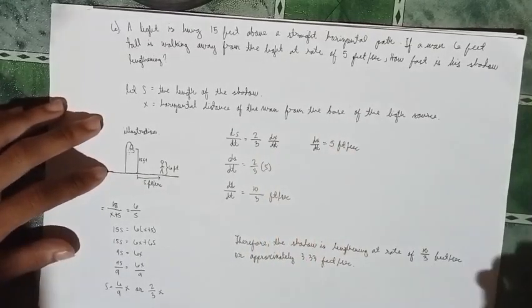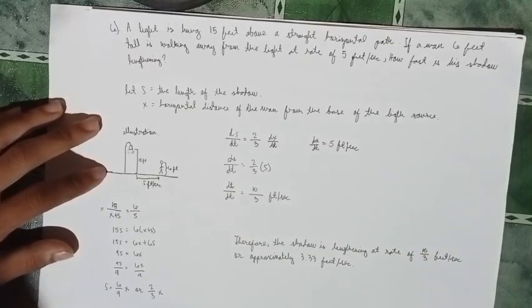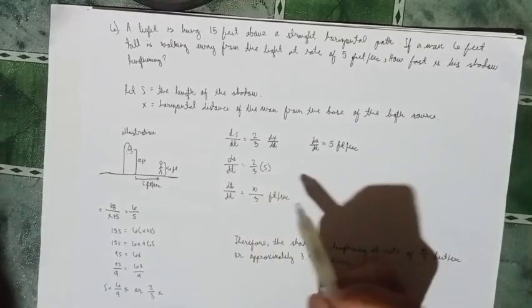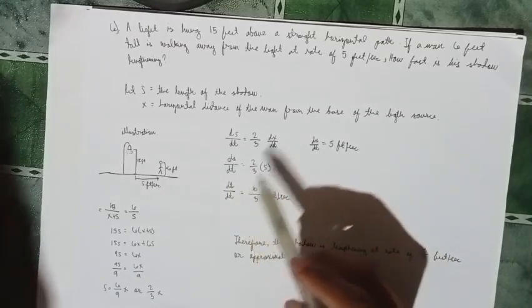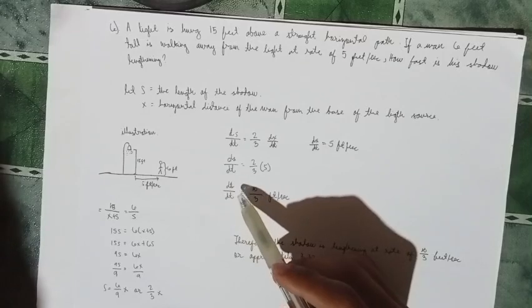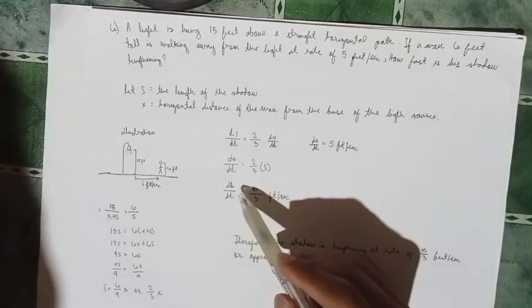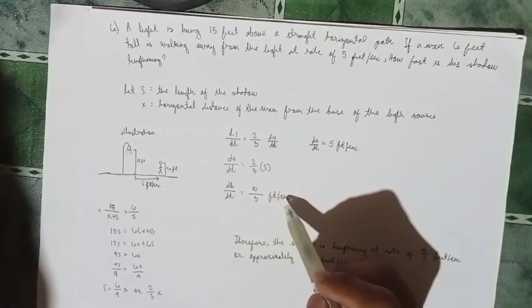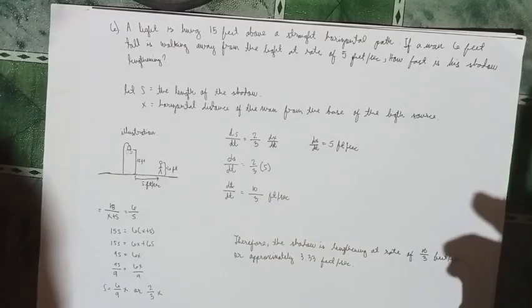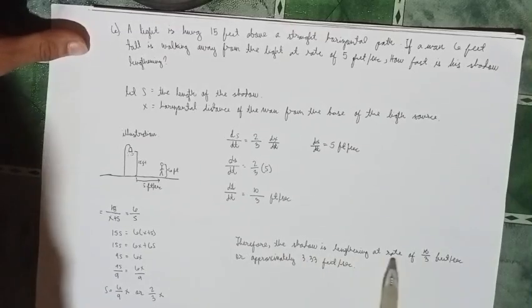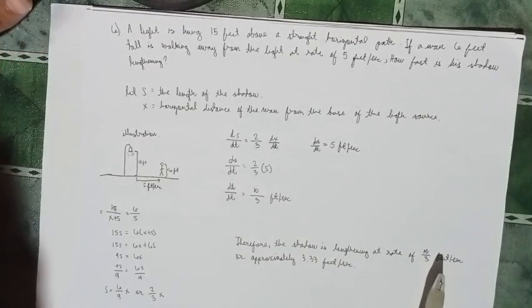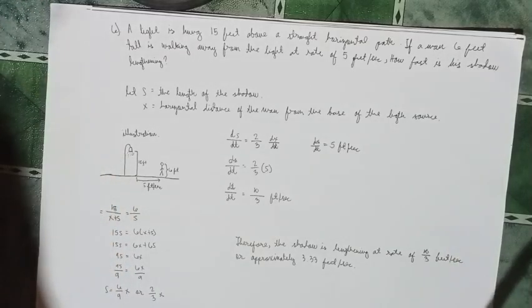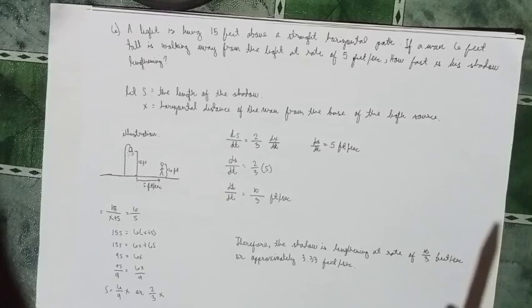You have to substitute dx over dt here, then simplify, so ds over dt is equal to 10 over 3 feet per second. Therefore the shadow is lengthening at a rate of 10 over 3 feet per second, or approximately 3.33 feet per second.